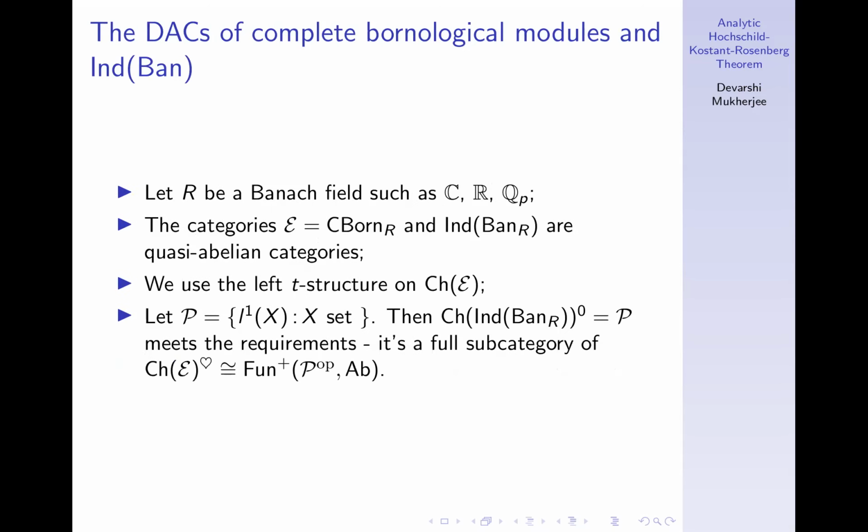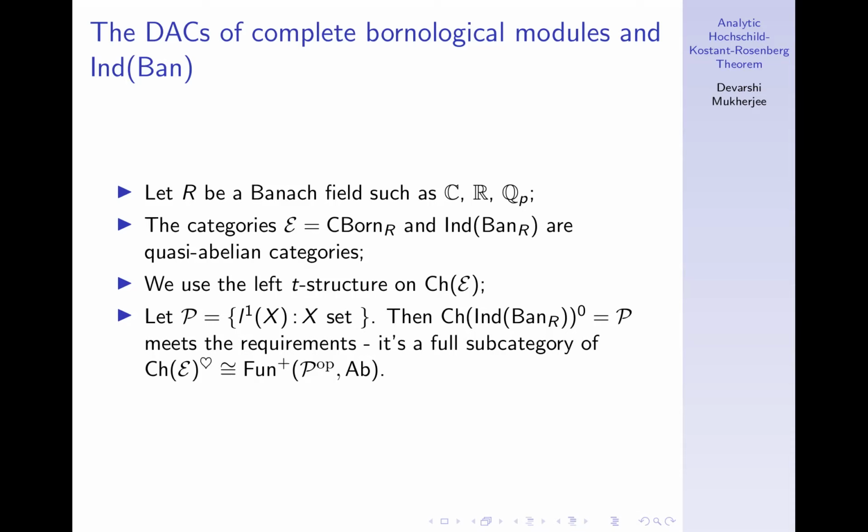Okay, so the derived algebraic context that we care about is the derived algebraic context of complexes over complete bornological modules. If you don't know what bornologies are, you can also take the larger category of inductive systems of Banach spaces. Now, there's some analytical technicality which obviously comes in here.